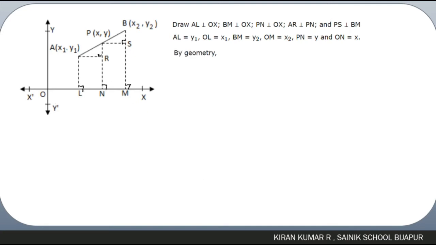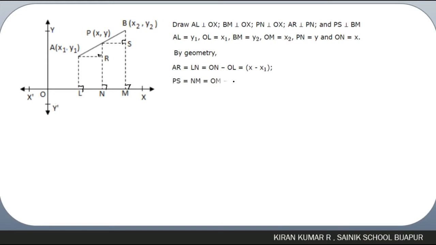From geometry, we have AR length equal to LN, which will be ON minus OL. ON is x, OL is x1, so x minus x1.